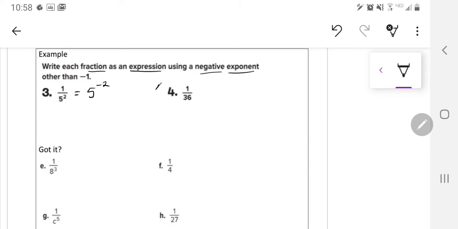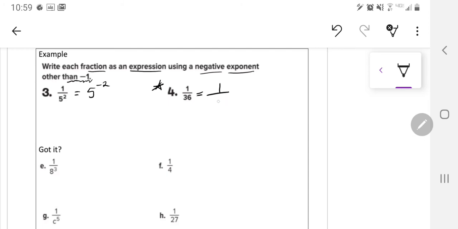All right, now this one you might want to star. There's no exponent, and this says you can't just use negative 1. So you can't just say, oh, well, 36, and since there's no exponent, we put a 1 and then negative 1. You can't do that. But what you can do is rewrite this as 1 over... Can anybody think of a way to rewrite 36 with an exponent? Something that equals 36 but has an exponent.